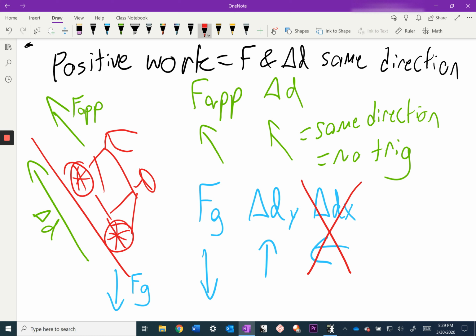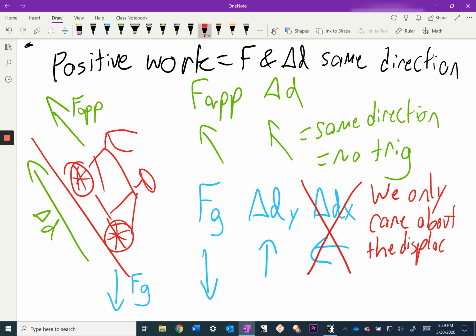So, to flip that over to make it make a little bit more sense, we only care about the displacement in the direction of the force.